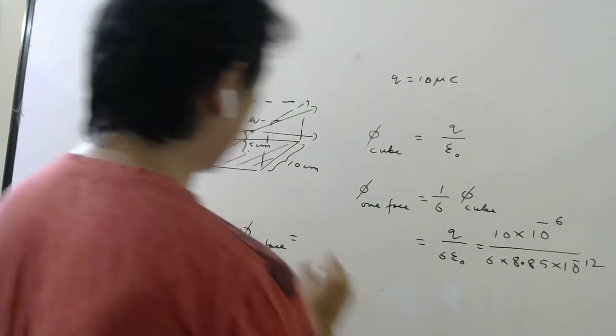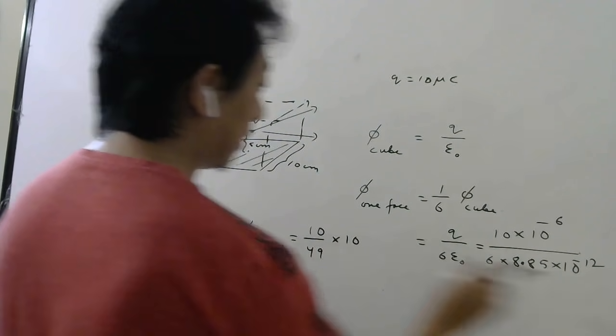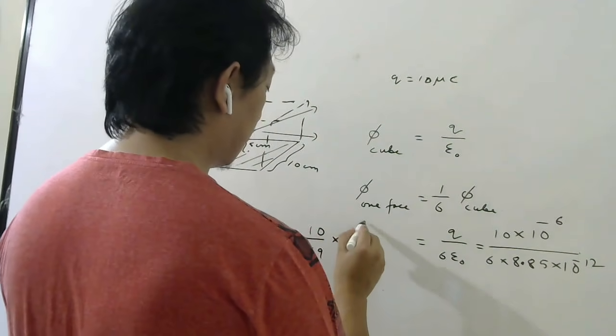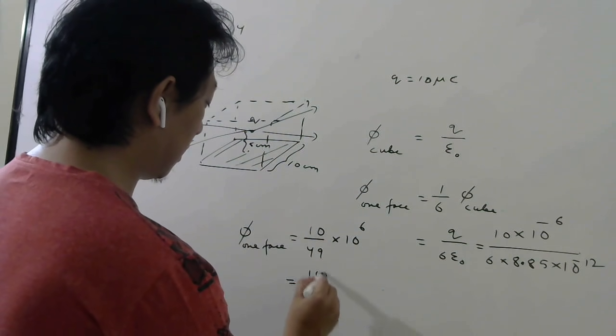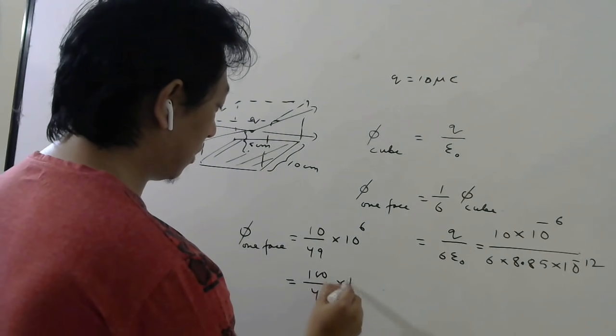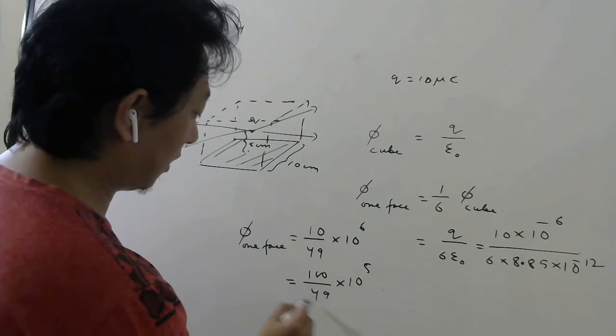So approximately 49 into 10 power minus 12 will go up to plus 12, so it will be plus 6. Now if I take 10 from here, it will be 100 divided by 49 into 10 to the power 5. This is around 50.